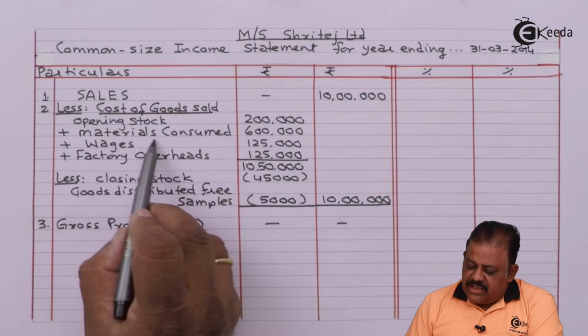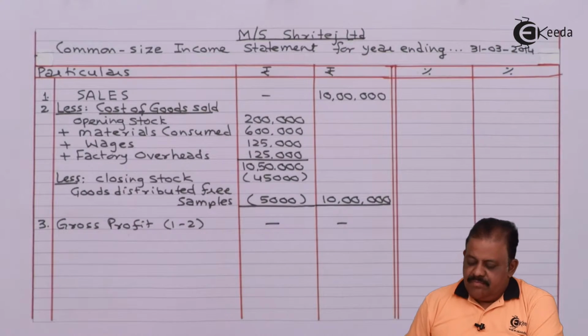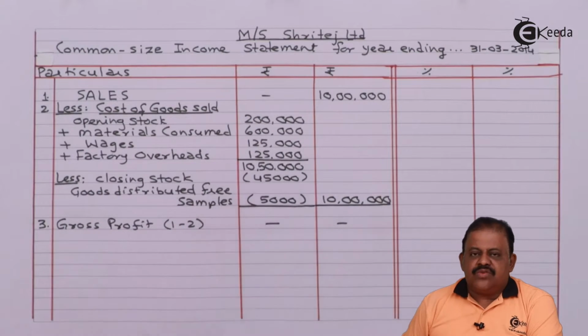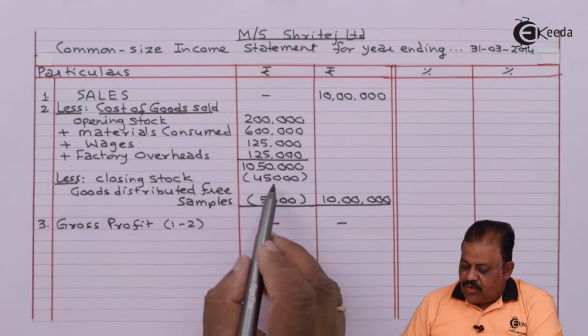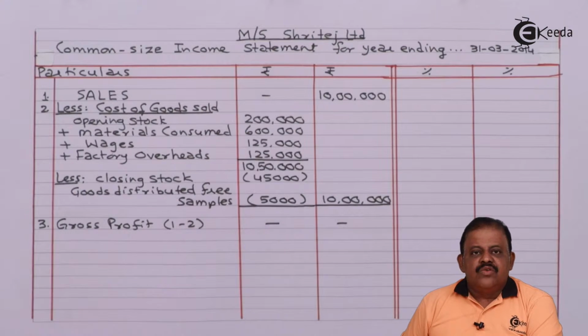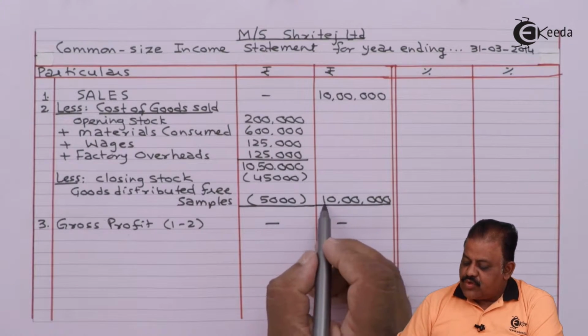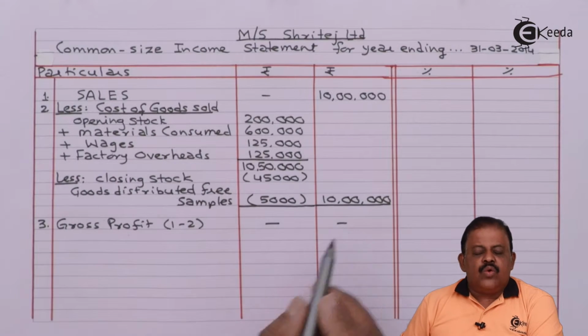Opening stock, material consumed, wages, factory overheads we have added. It comes to 10 lakh 50,000. From this we have deducted closing stock of goods 45,000, goods distributed as free samples 5,000. So we arrive at cost of goods sold 10 lakhs. Gross profit is 0.